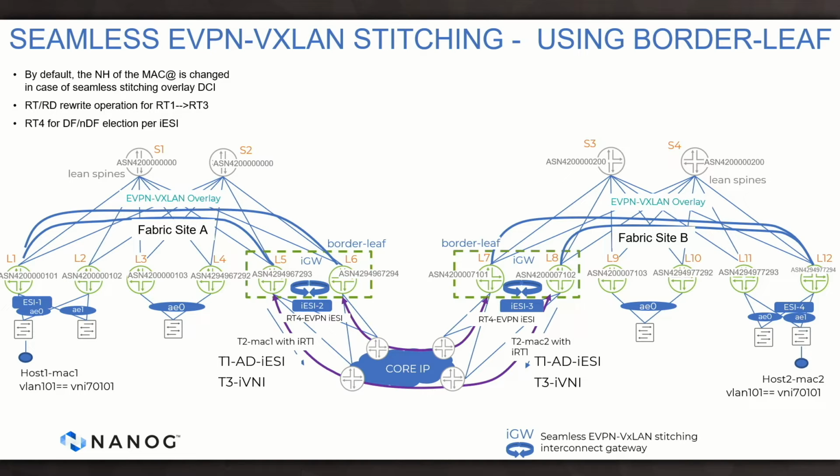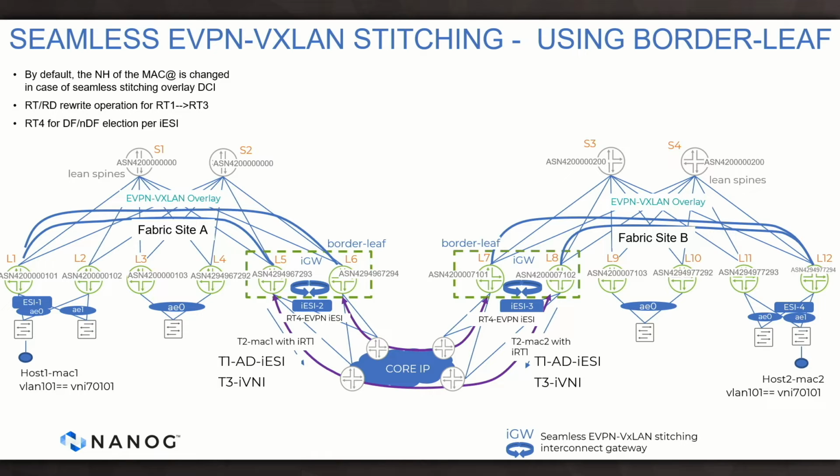And then similarly, we have what is called the interconnect ESI, and that value of 10 bytes is a standardized value and actually represents the site identifier, right? It means you as the operator, we as operators, we can identify, precisely speaking, from which location that given MAC address is coming from.